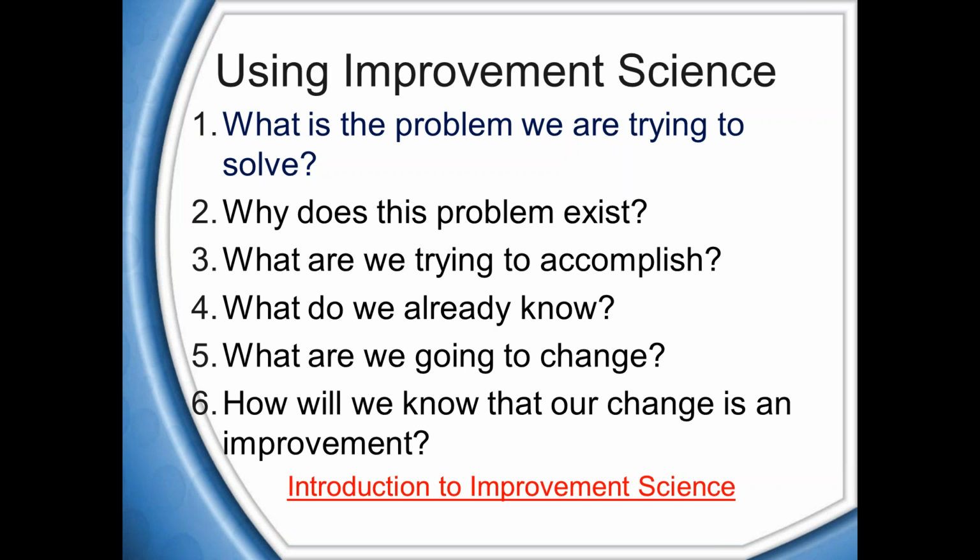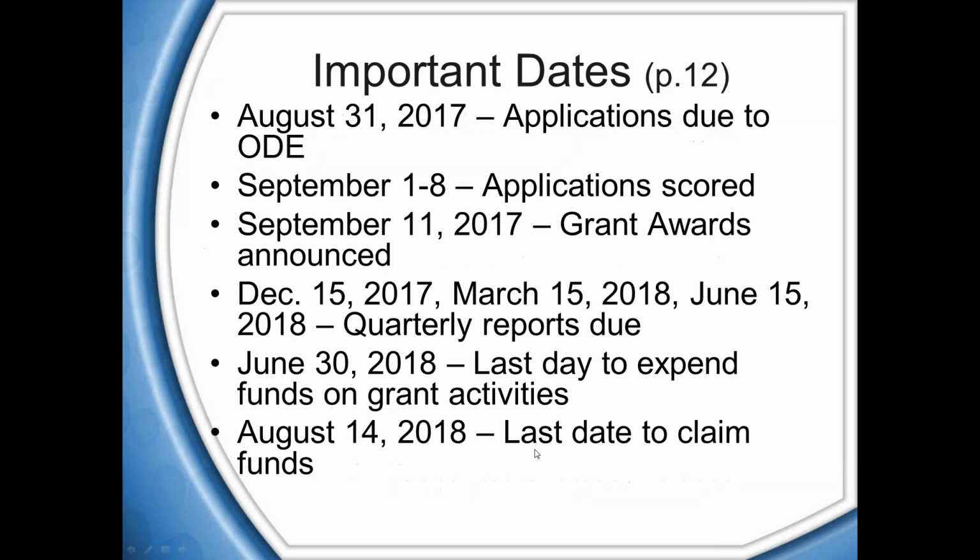It's a pretty straightforward process in terms of the questions that you see here. But if you want to know more about improvement science, on the same page where the RFA is located, there is the PowerPoint I mentioned that is an introduction to improvement science. So you can go in and take a look if you're not familiar with improvement science to see what those general components are. This is the process that design districts will commit to use should they choose to apply and be funded.